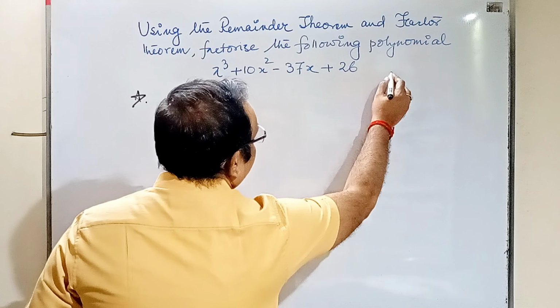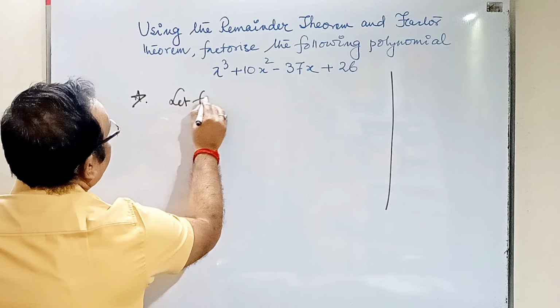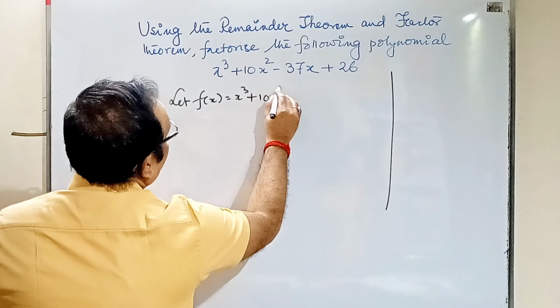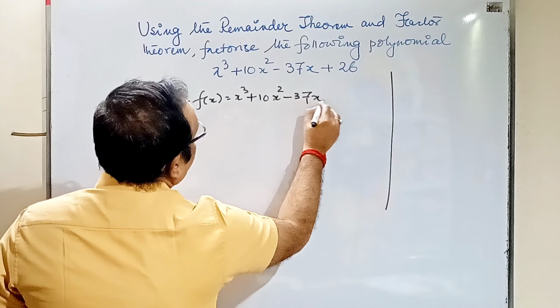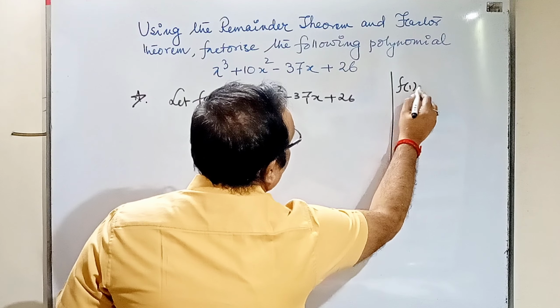Say this is my rough work. Let f(x) equal x cube plus 10x square minus 37x plus 26. I am trying with 1.